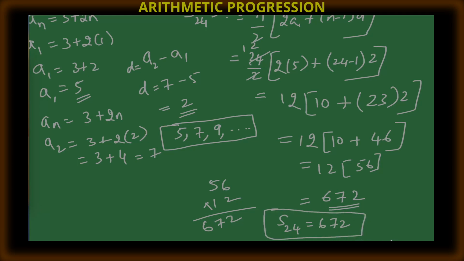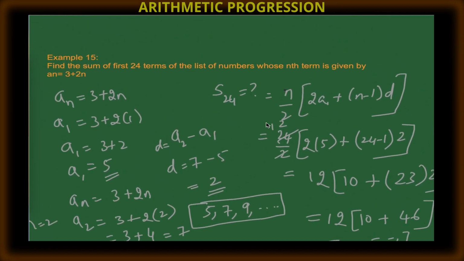So let's try to understand what we have done. Here the question was to find the sum of the 24 terms. We wrote a formula to calculate the sum, and we identified that there are multiple unknown variables, especially the first term is not given, the difference is not given. But there is a hint in the question that the nth term is equal to 3 plus 2n.